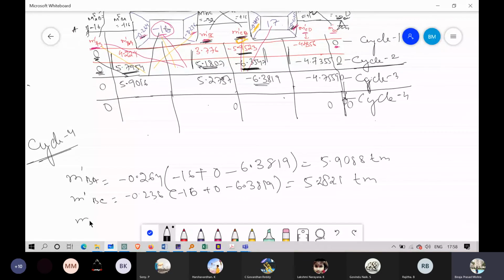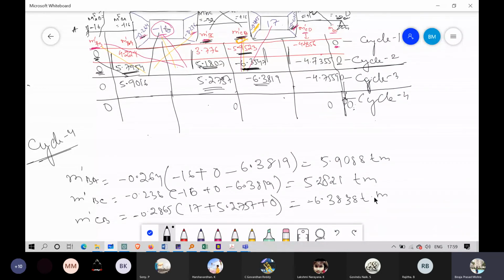M bar CB equals minus 0.2865 into 17 plus this value we will take, 5.2757, plus this value is 0. So this is coming as minus 6.3838. For me it is coming 6.3838.